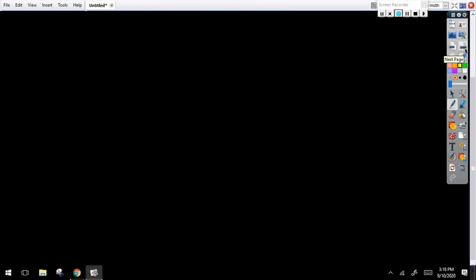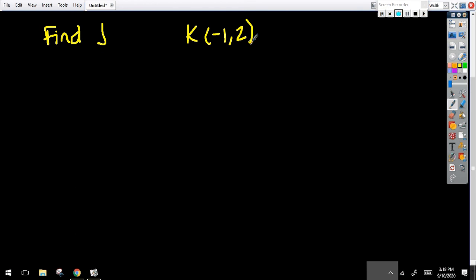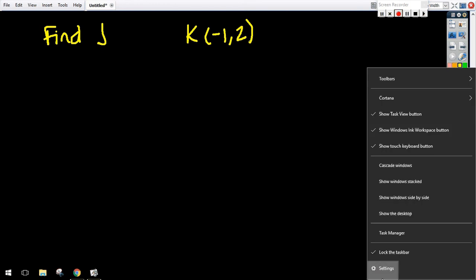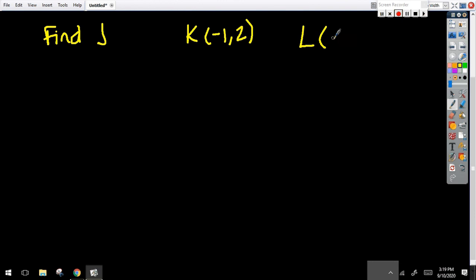And I know that point L is 3, -5. And I'm also going to tell you that K, oh goodness, K is the midpoint of segment JL.